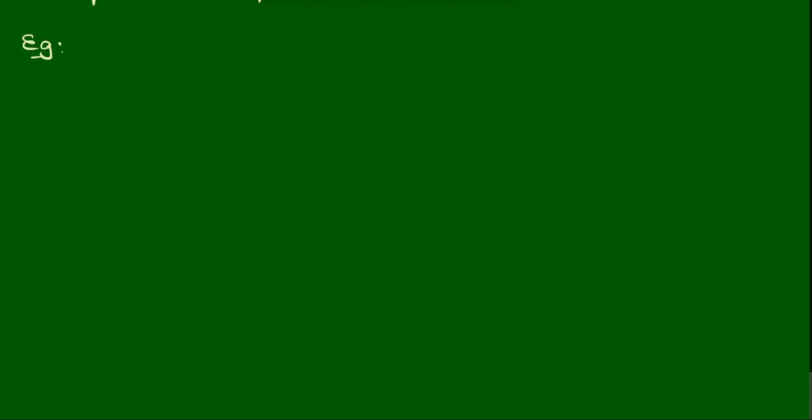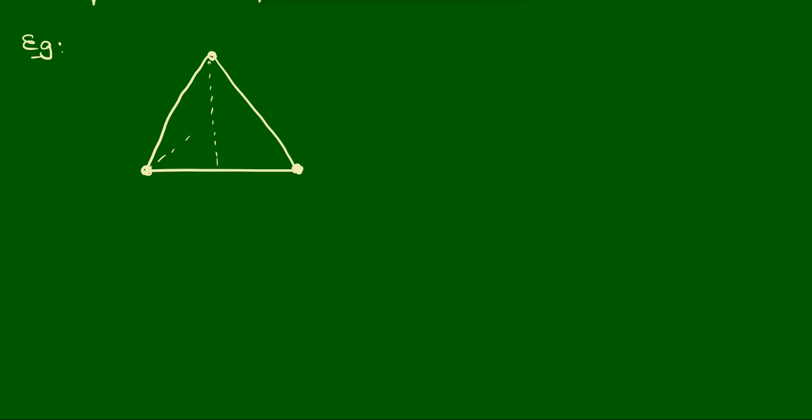Now just look at this example. If you are given the same equilateral triangle with three charges at three corners, all are identical charges. Suppose all these are Q, Q, and Q. In between, a charge Q is placed.